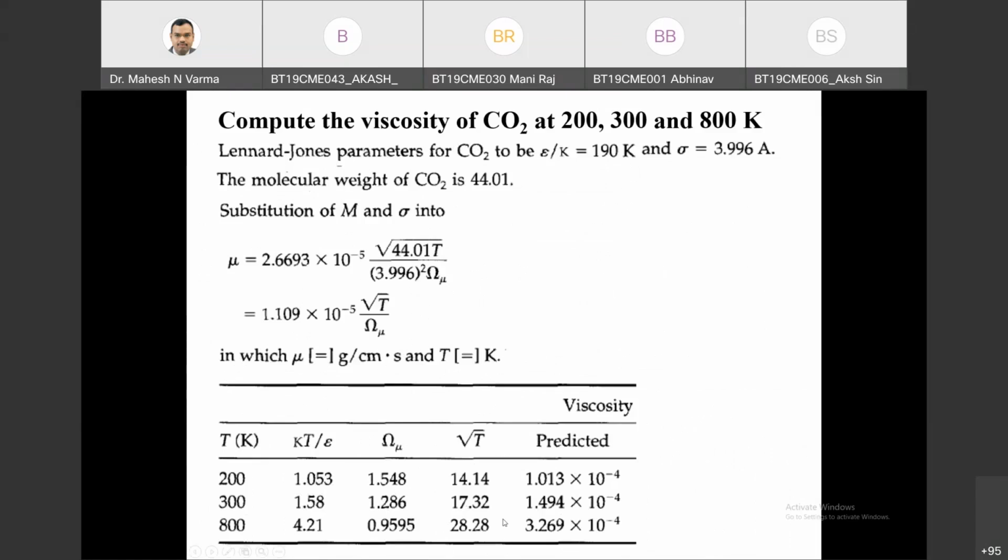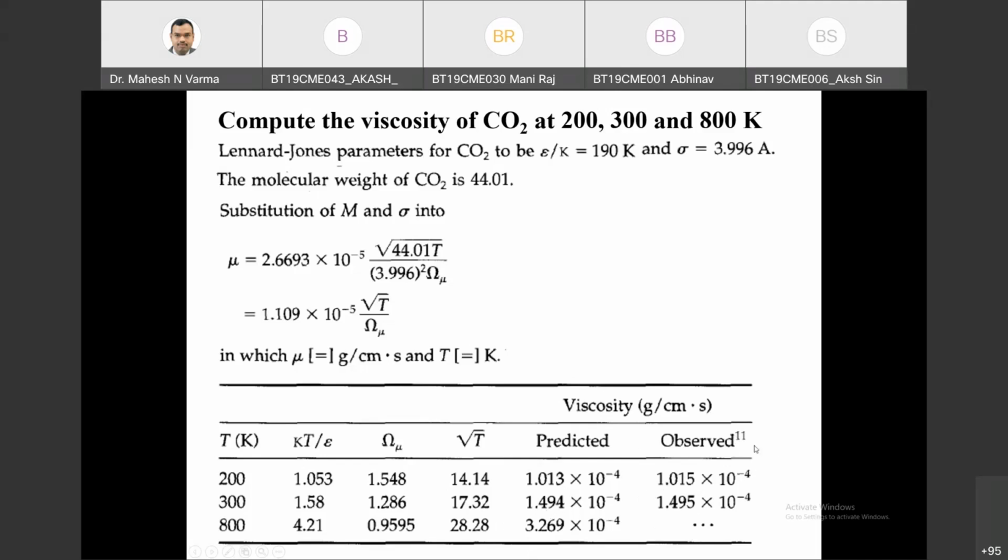This is the square root of temperature, and this is the value of viscosity in gram per centimeter second. This is predicted by the Maxwell equation, and you can see this is the observed value. So close. Experimentally calculated value for carbon dioxide at 200 Kelvin. You can go to that book, and this is taken from reference number 11.